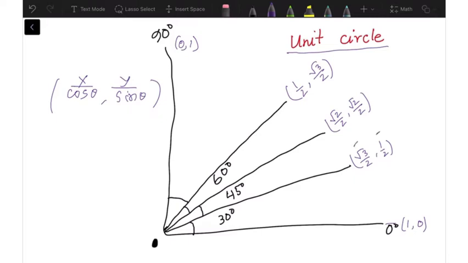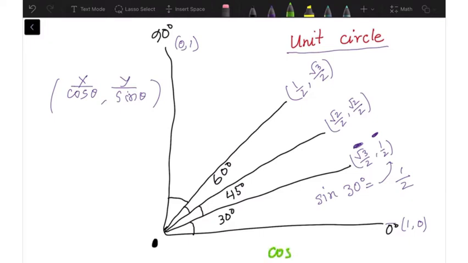Very easy to understand. Now we know this is the cosine value and this is the sine value. So if someone asks me what is sine 30 degrees, I can quickly look over here and say, oh, it's half.